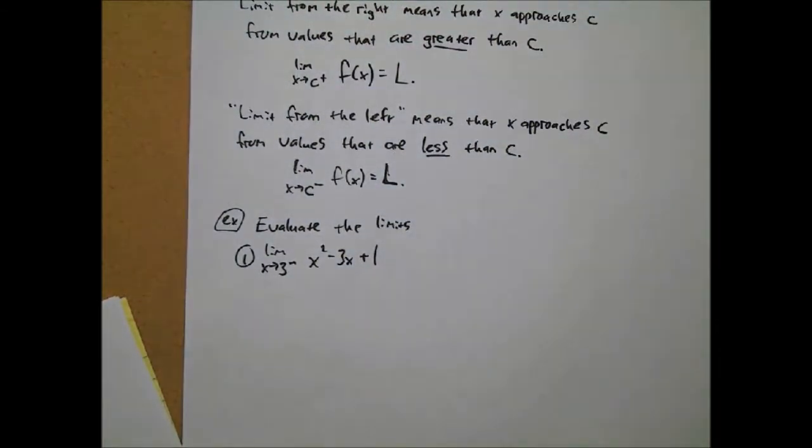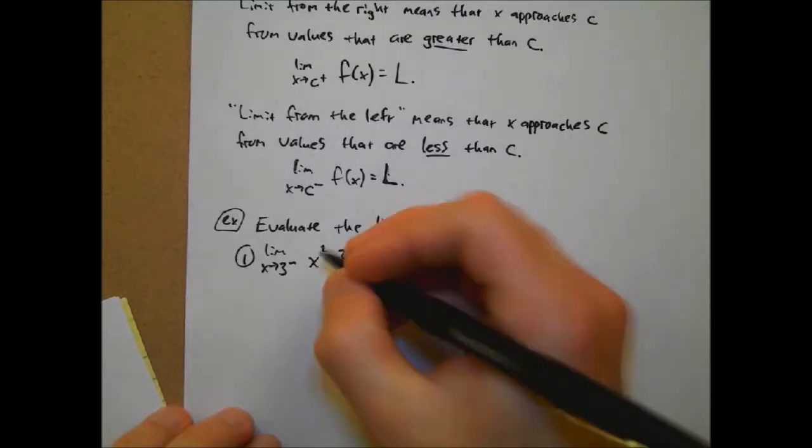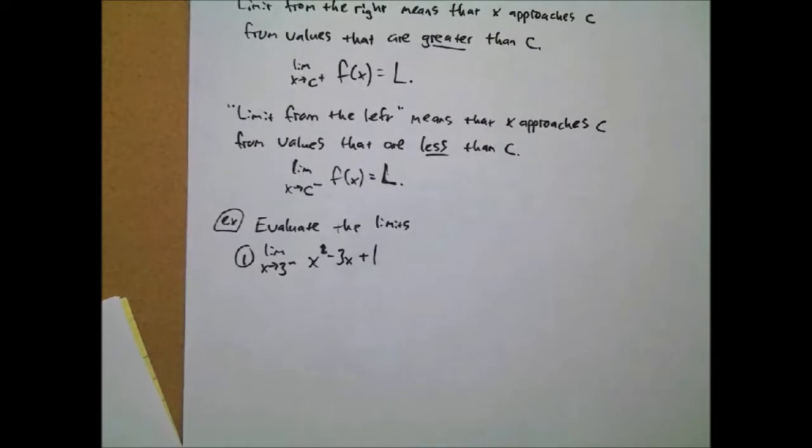Nothing crazy going on here. It's a parabola, right? Is this function continuous? Are there going to be any jumps, holes, gaps, asymptotes? No. Okay, no problem.